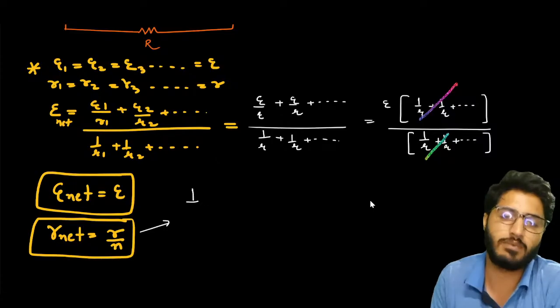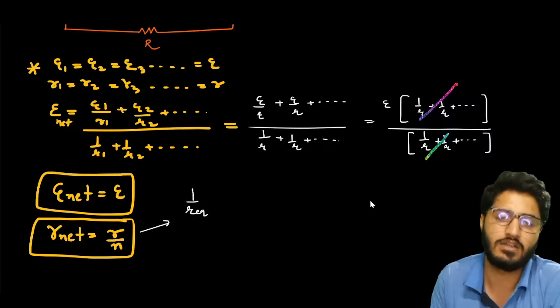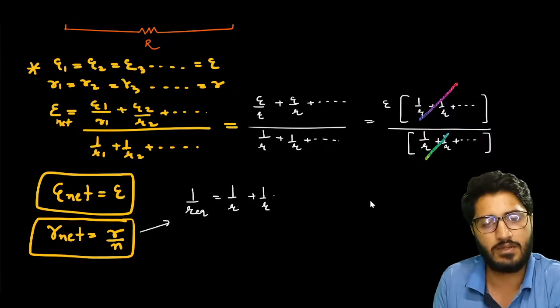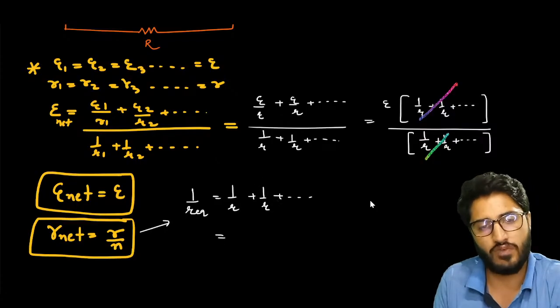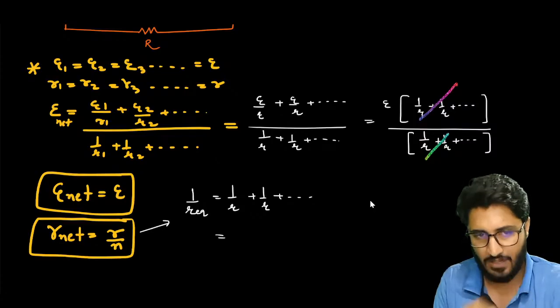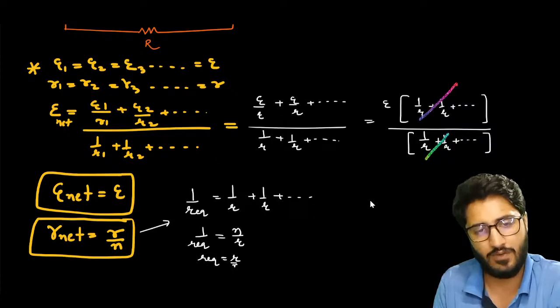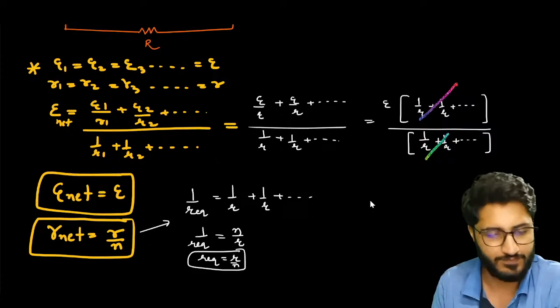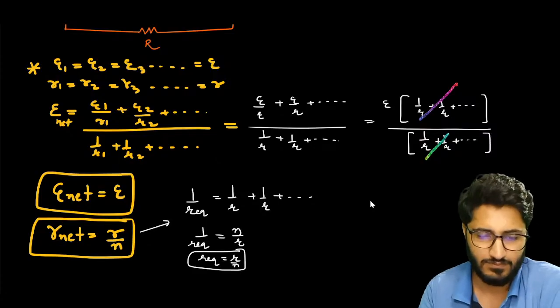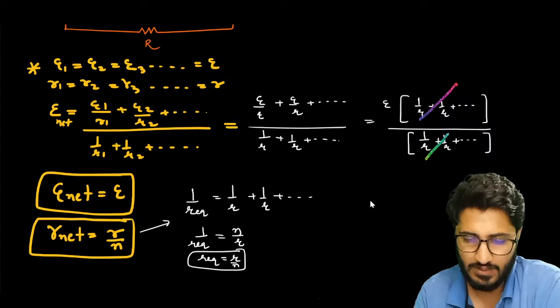Because 1 by R equivalent equals 1 by R plus 1 by R plus so on. So it is N by R, 1 by R equivalent. So R equivalent is R by N only. Done?